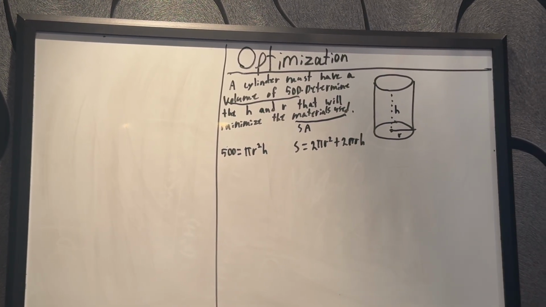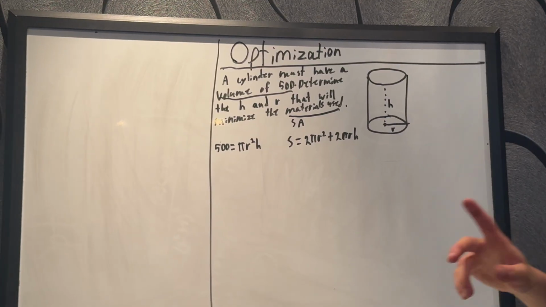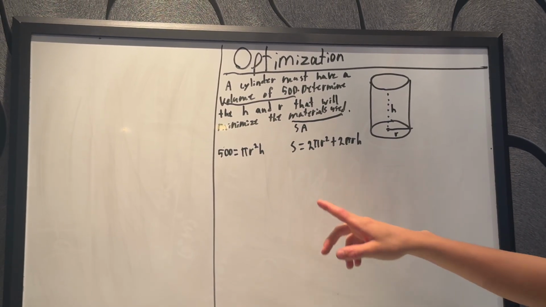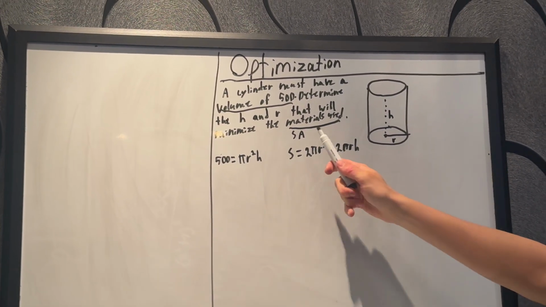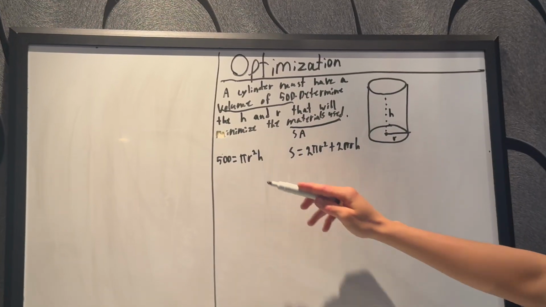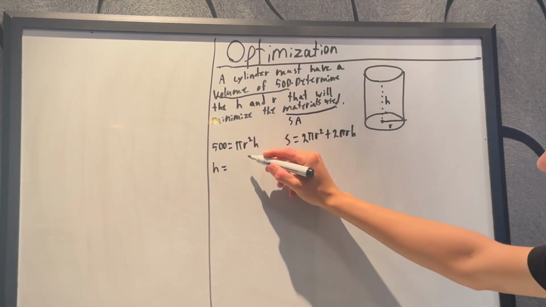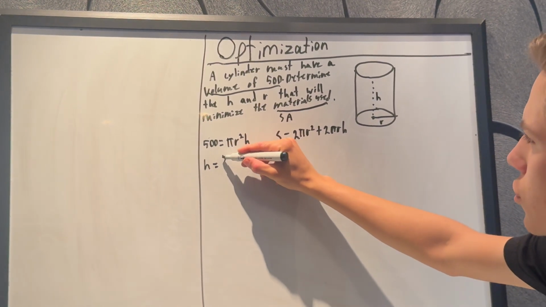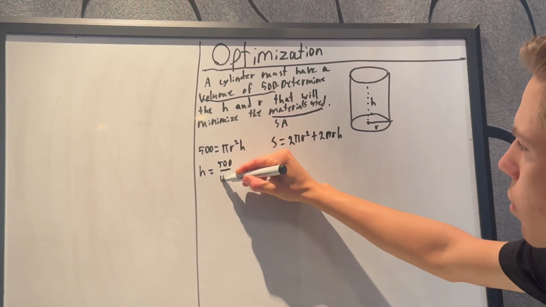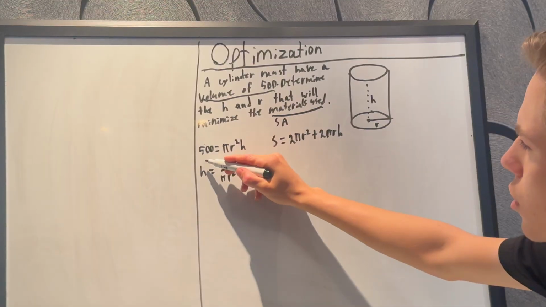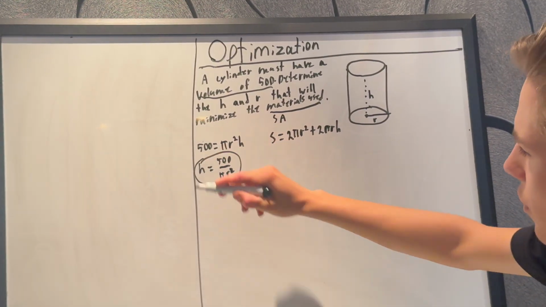So now what we want to do is solve for one variable and then plug it into the surface area equation because we're being asked for the materials used. So over here, we can easily solve for h. So we're going to have height is equal to 500 over pi r squared. So now we have our height.